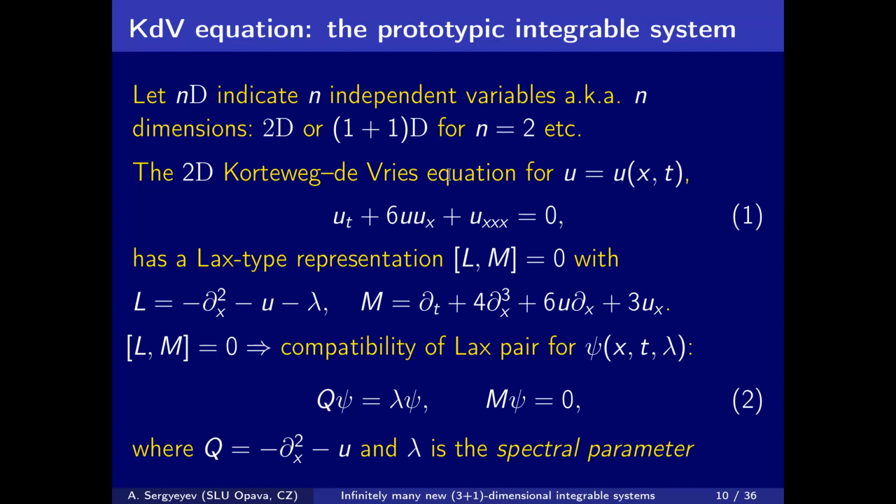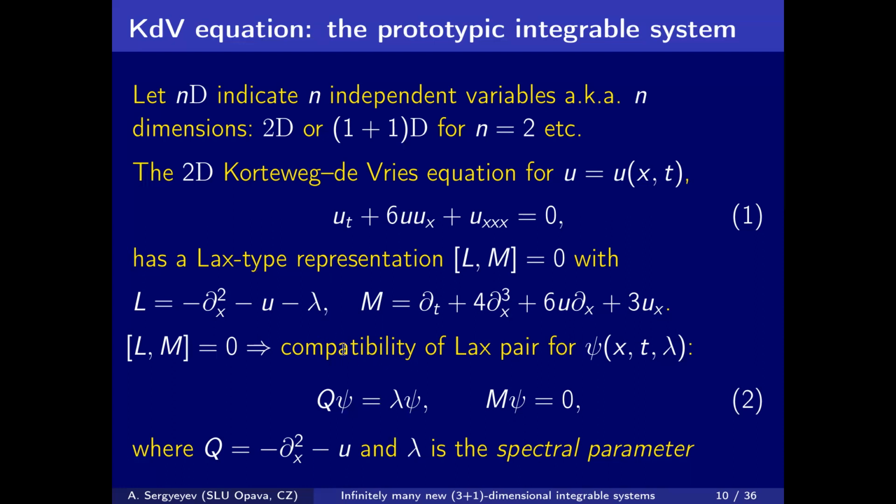So let's see how the KdV equation fits into this mold of Lax integrability. Indeed, if you consider the KdV equation 1, then it has a Lax type representation with L and M as shown in the slide. Let's note that the presence of the parameter lambda is actually quite important.